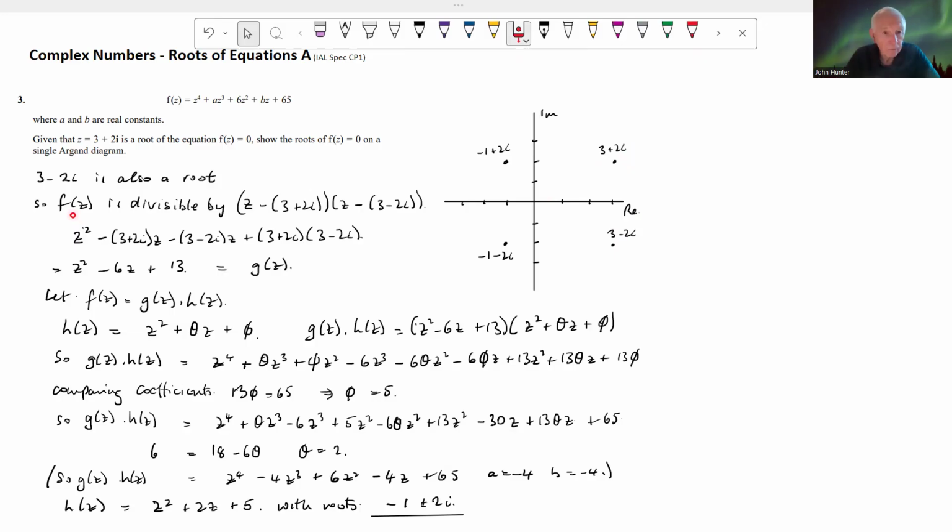Therefore the function is divisible by z minus one root, times z minus the other root, which, once we multiply that out, is equal to that.